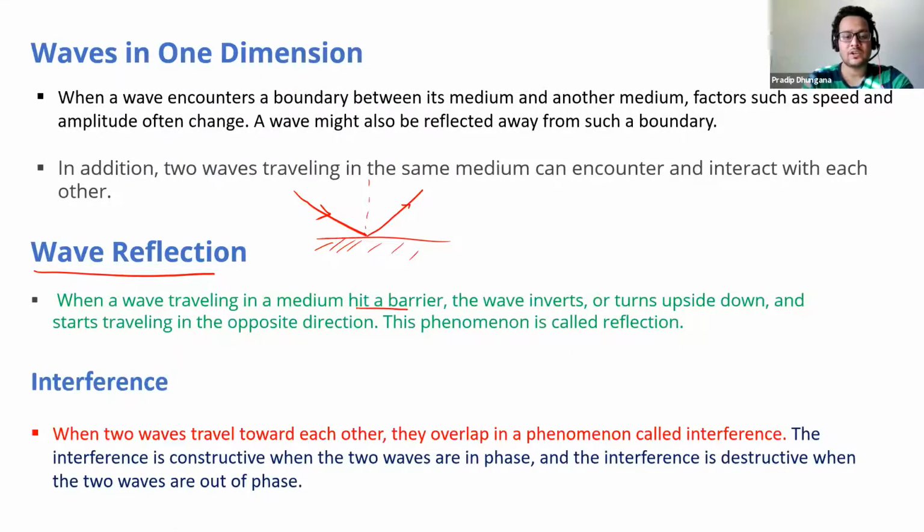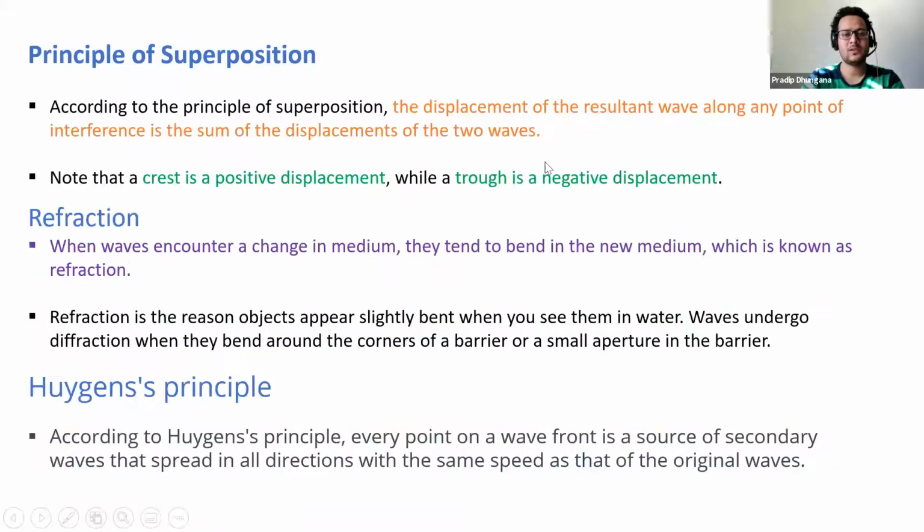And if they are not in phase, that kind of interference is called destructive interference. Okay. That is all about interference. So we talked about wave reflection and interference. Now let's go to the next slide.